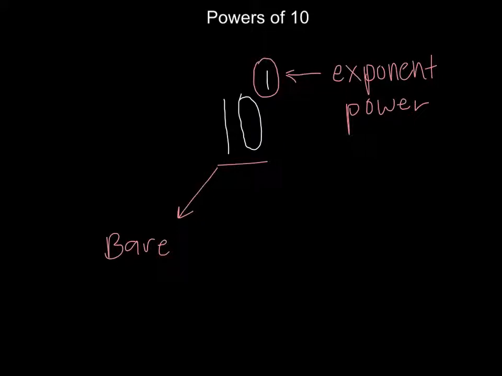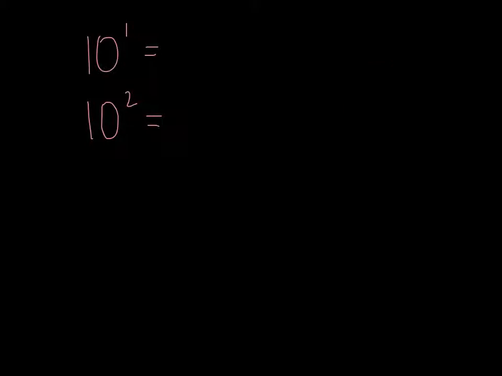So the way to say this number would be 10 to the power of 1, and that would be equal to 10. So we said 10 to the power of 1 is equal to 10.